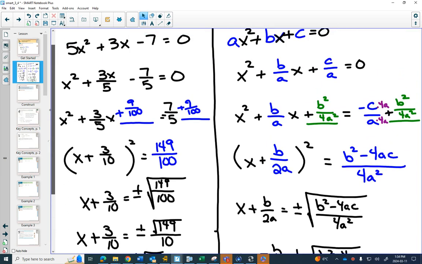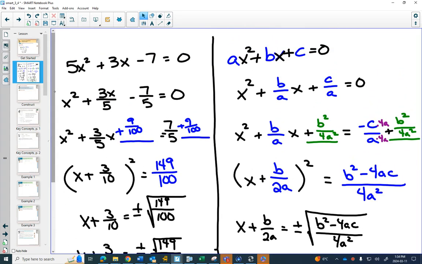The interesting thing is it's just the same steps that we do in all of our other ones. So if you knew how to complete the square to solve, you should be able to follow those steps with letters. It's just a little bit confusing because they're not actual numbers, but you still have to use all of your rules.